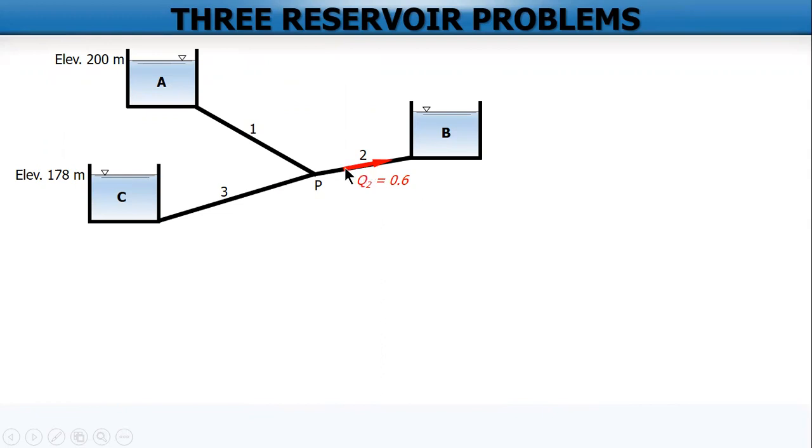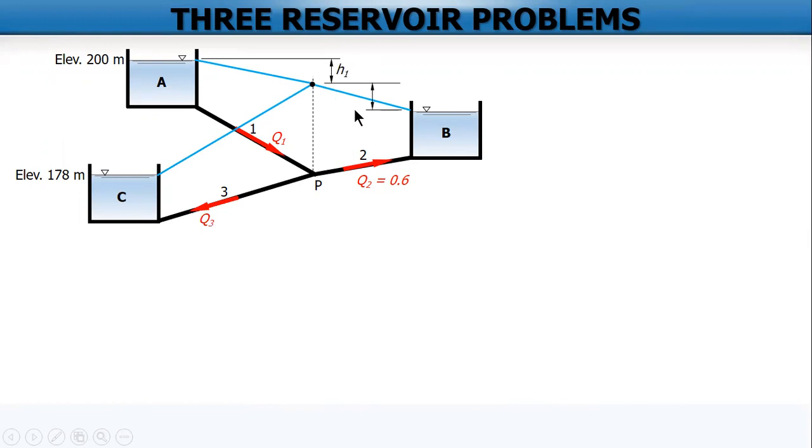So, since reservoir B receives water, then ang elevation sa hydraulic grade line at the junction is higher than B. So that it will slope downward from left to right. Okay. So, plot na to and also for C. So, Q1 and then Q3.